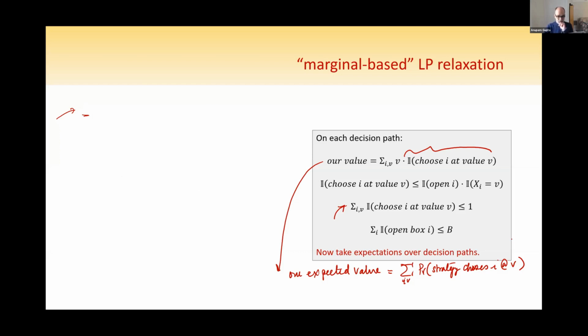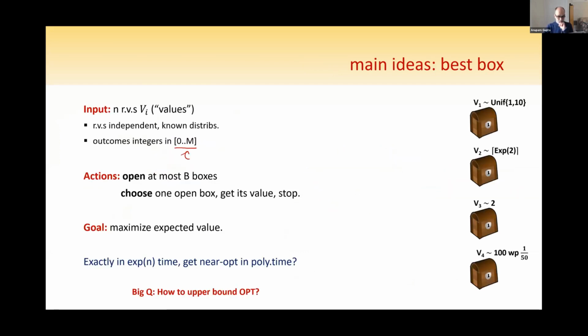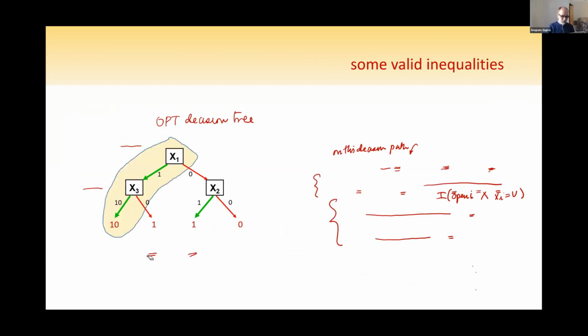So for instance, if we went back to this strategy, in this strategy the probability that I opened box 1 is 1. I always open box 1.